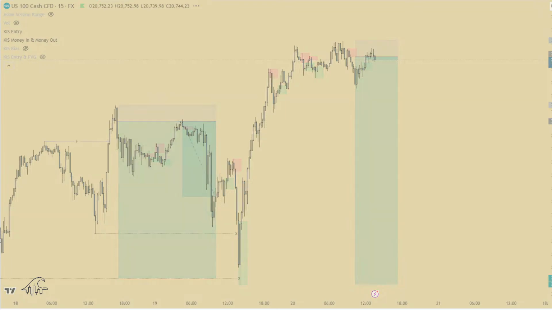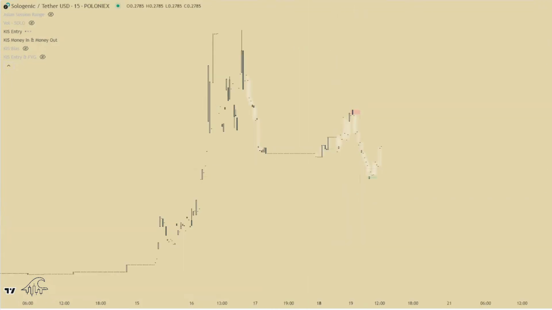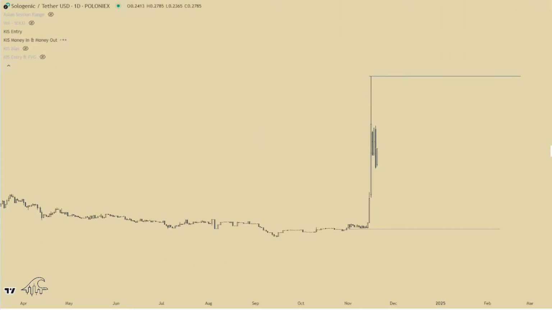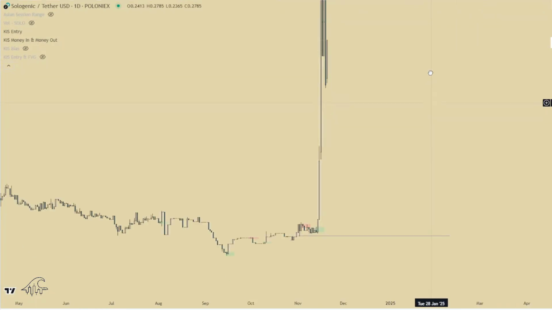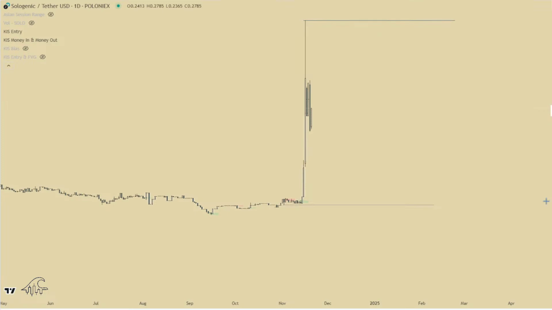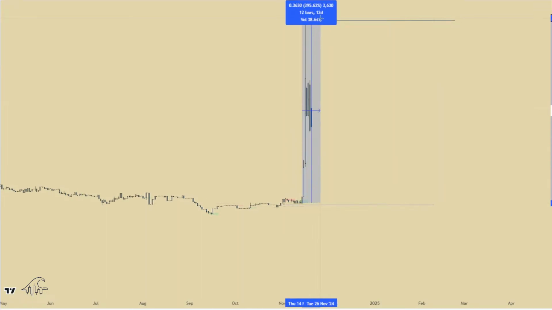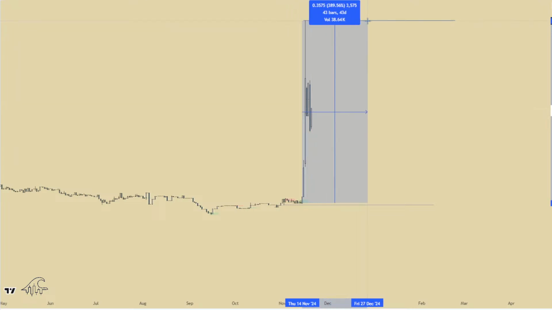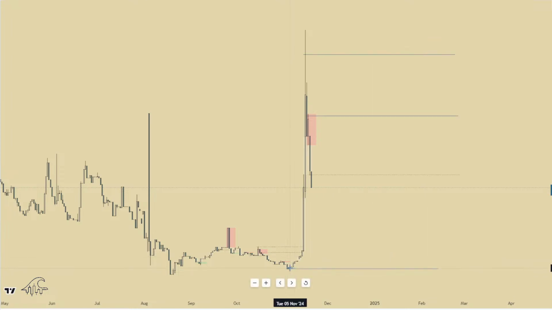Here, so Solargenic. If we go back to the daily chart, if I just measure from the point it started taking off, down here, look at that, 390%. Very nice.